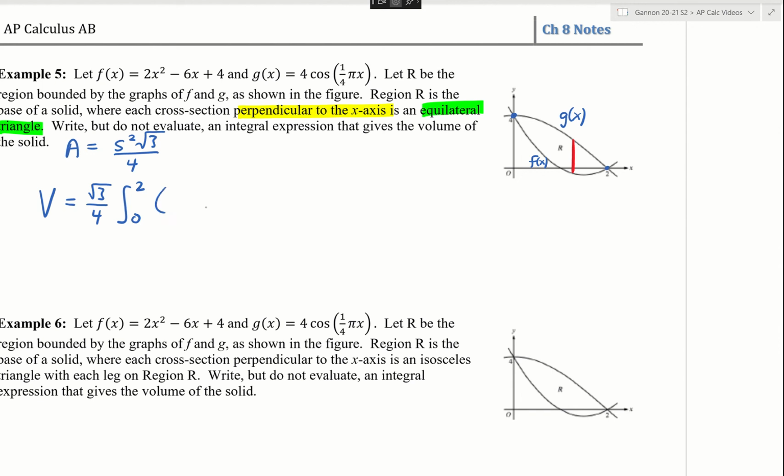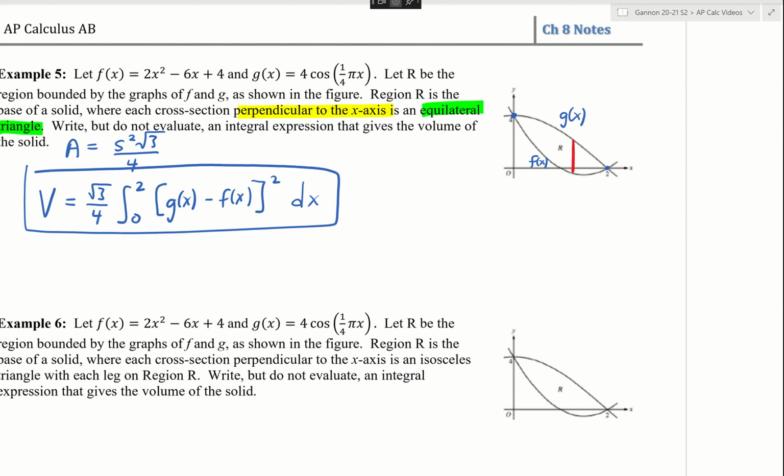And then all that leaves us with is s squared with respect to x. Now, in this case, the side lengths are top minus bottom, so that is simply g of x minus f of x. And because all we had to do was write the integral expression, that's our answer.